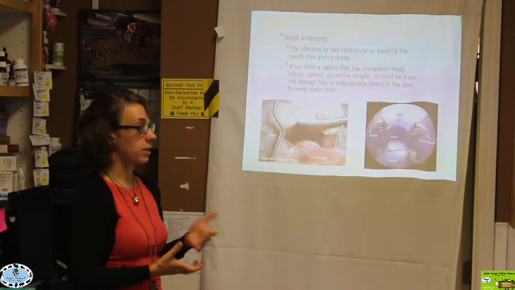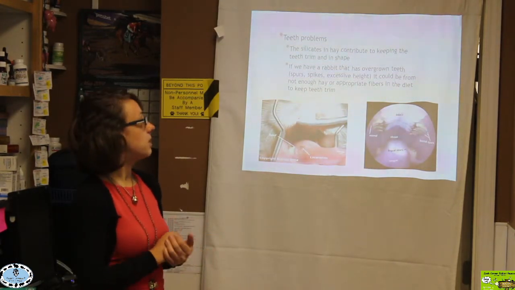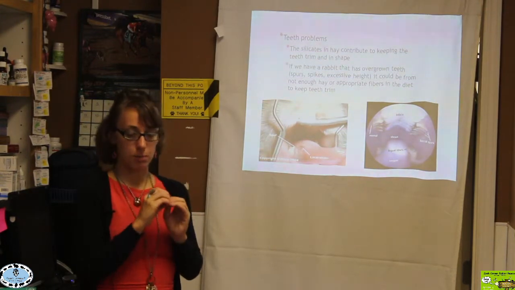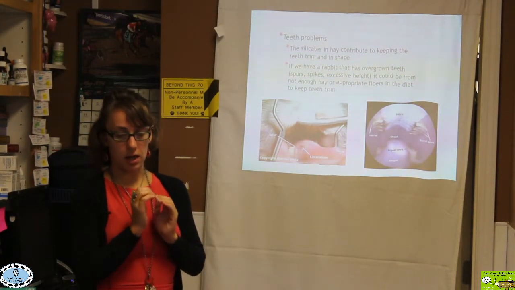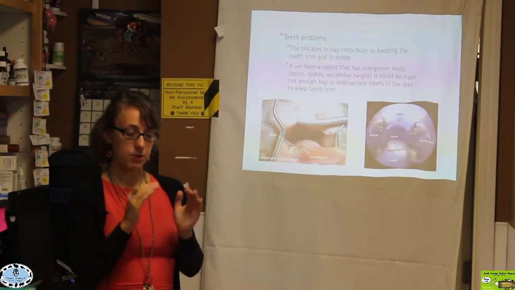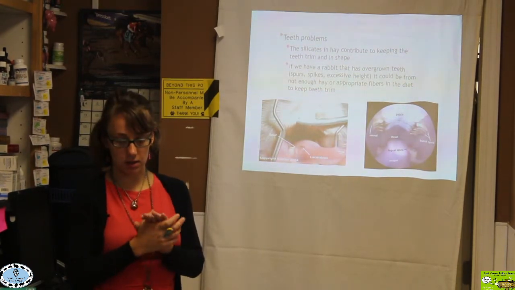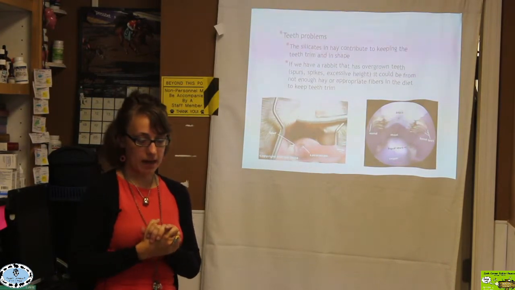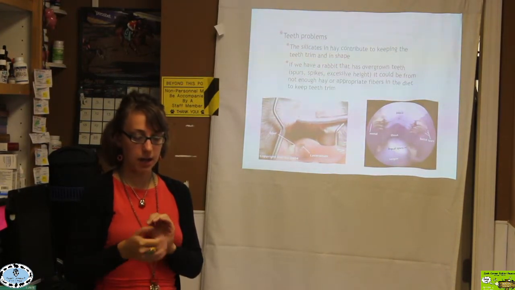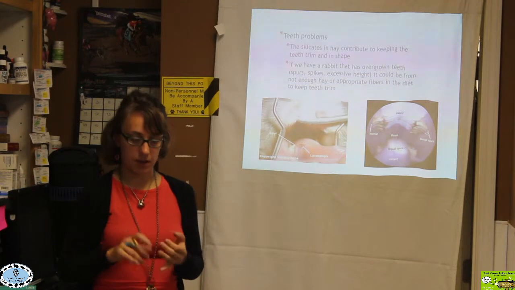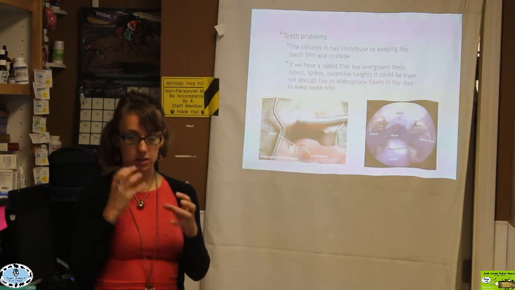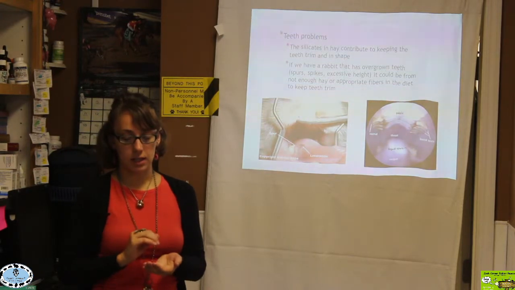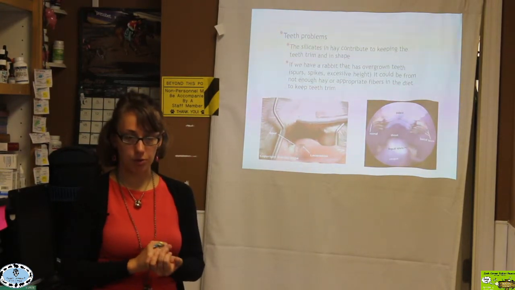But to go over it in relation to diet today, the silicates in the hay, remember those are in the hay and really important for keeping the nice shape and short height to the teeth in the rabbit mouth. If we have a rabbit that has not had enough hay in the diet, therefore it's not getting enough silicates, it's not really grinding those teeth down away as it should, it can result in overgrowth of the teeth.